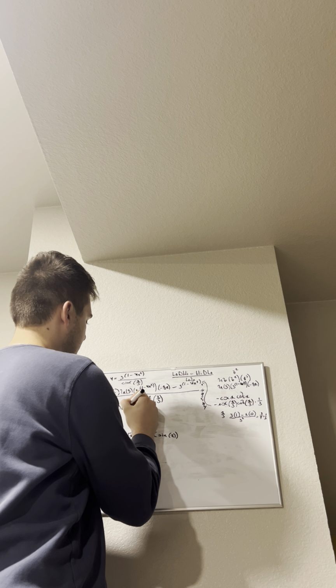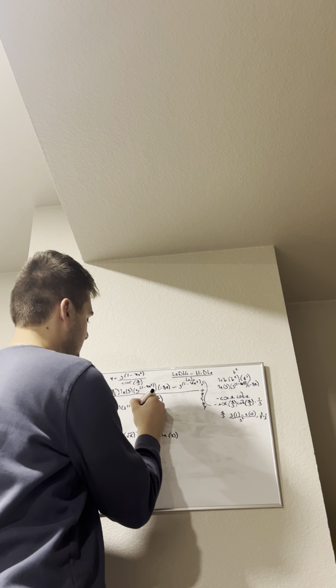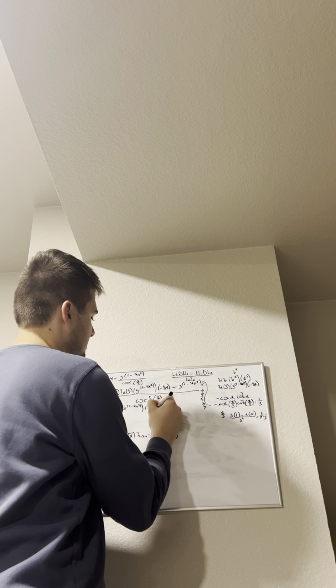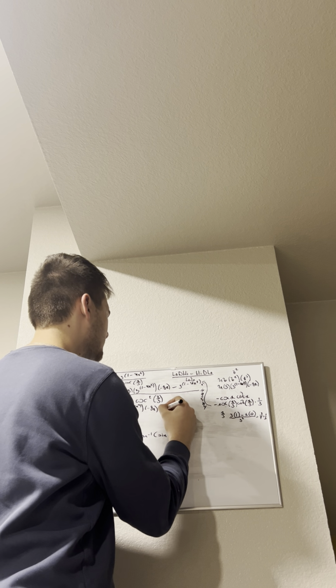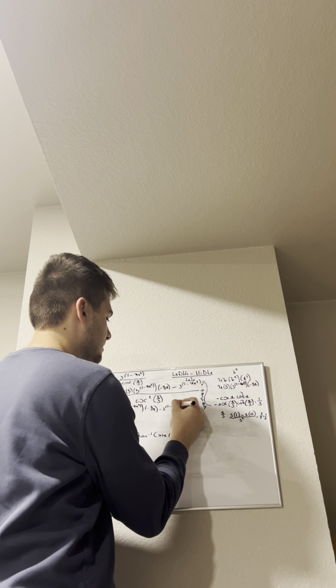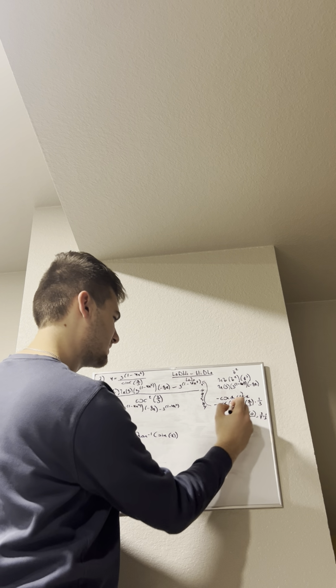times 3 to the power of 1 minus 4x squared times negative 8x minus 3 to the power of 1 minus 4x squared again, and then times that to this.